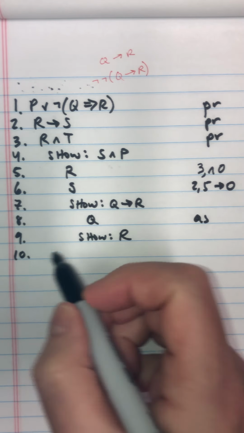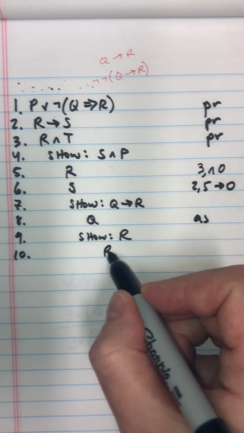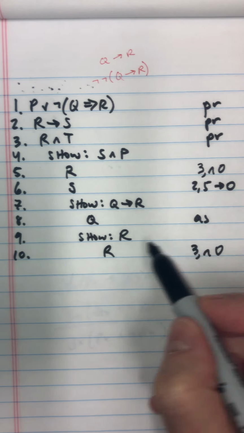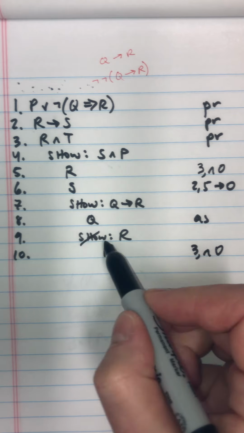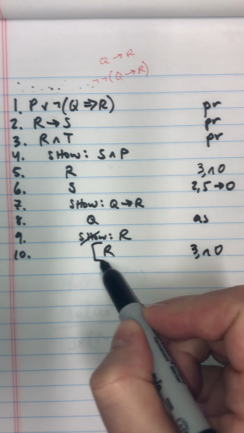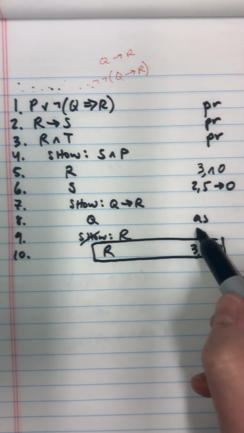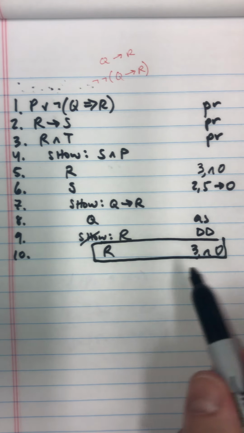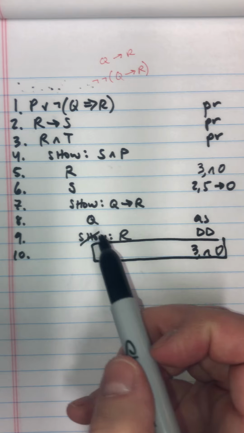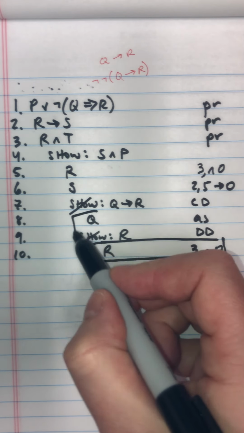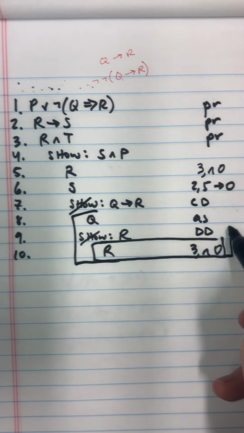So we can just write this: R from line 3 by and out. So we've now directly derived R. So I cancel and I box. We've then conditionally derived Q arrow R. So we write CD, we cancel, and we box.